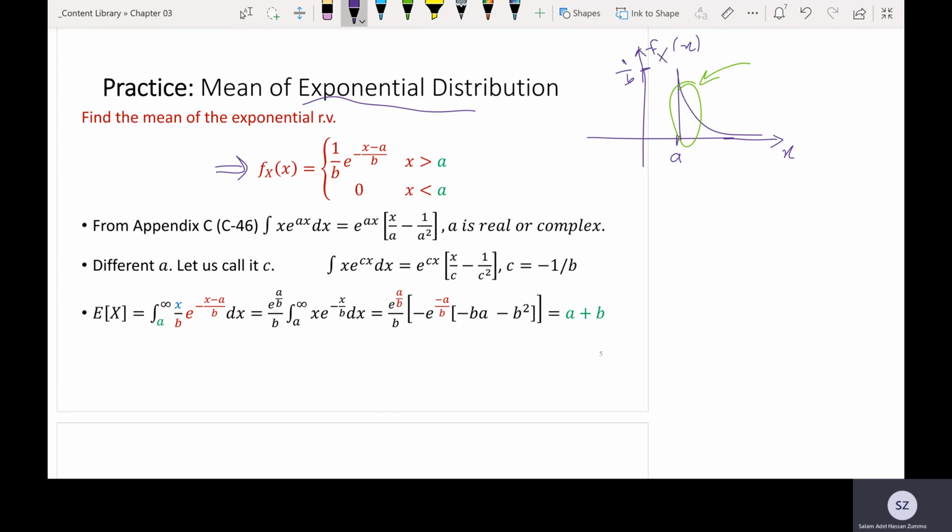Now let's find what the average is. In order to find the average, we write the expected value of X. And basically this is equal to, by law, the integral from minus infinity to infinity of x f_X of x dx. Now we write X here, and the rest is f_X of x dx. So we have X multiplied by exponential.